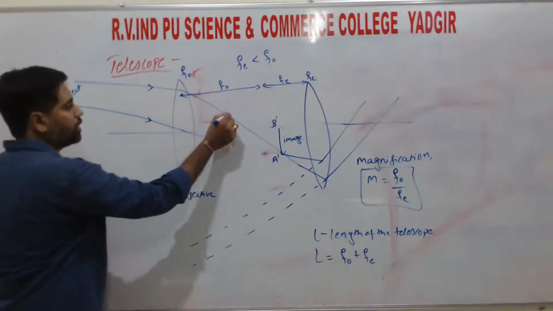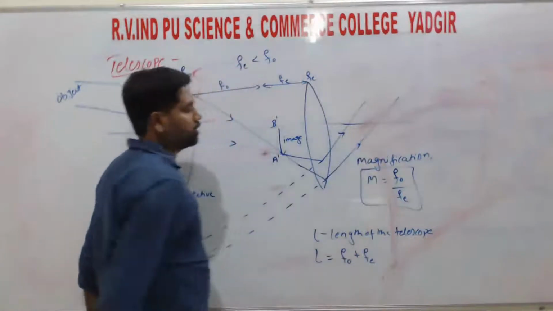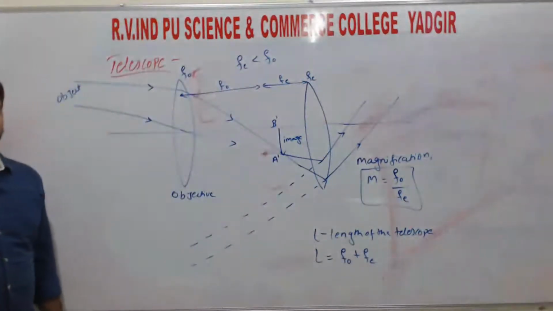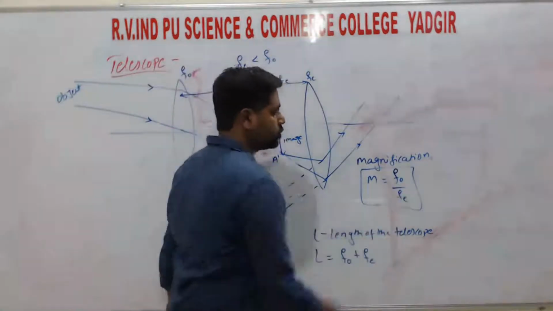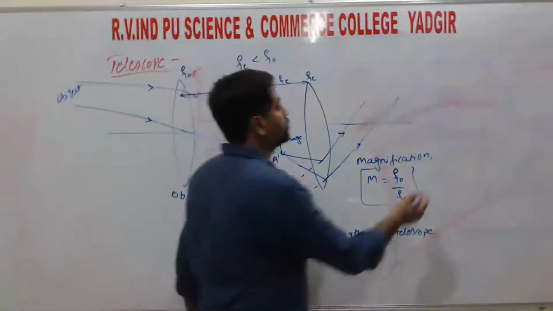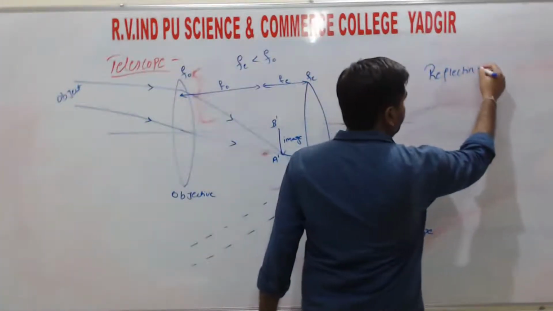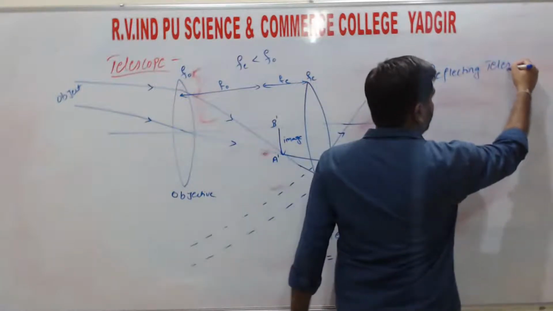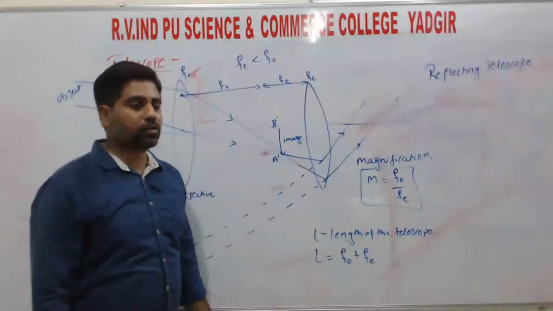So here everywhere we need to mention the ray diagram, right? So the magnification of the telescope is M is equals to FO by FE. So one more telescope we have, that is the reflecting telescope, or we call this one the Cassegrain telescope, right?